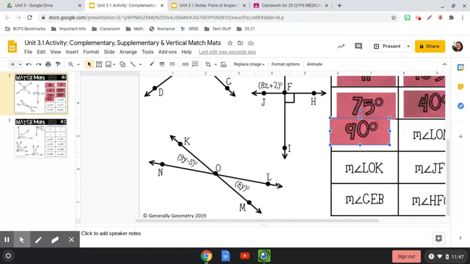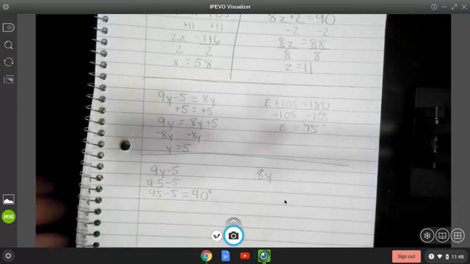And we know that LOM is 8y. Well, we already solved for y, so we don't have to figure y out. We just have to plug it in. We know that y is equal to 5.